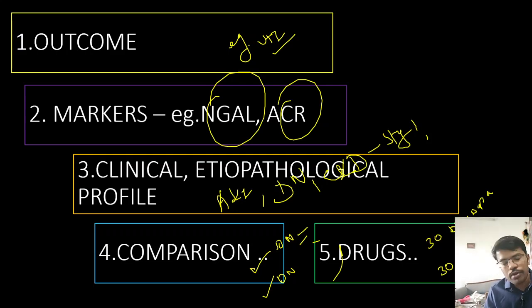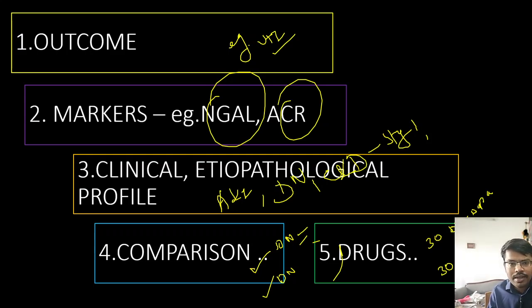These are very easy to formulate, and that is how you will select the thesis topic. Just select the broad topic, and try to find which is very common in your institute. Ask your third year or final year or your senior resident or consultant, probably they will know better what particular set of cases is more in your institute. For example, if it is UTI, that thesis topic can be related to outcome.